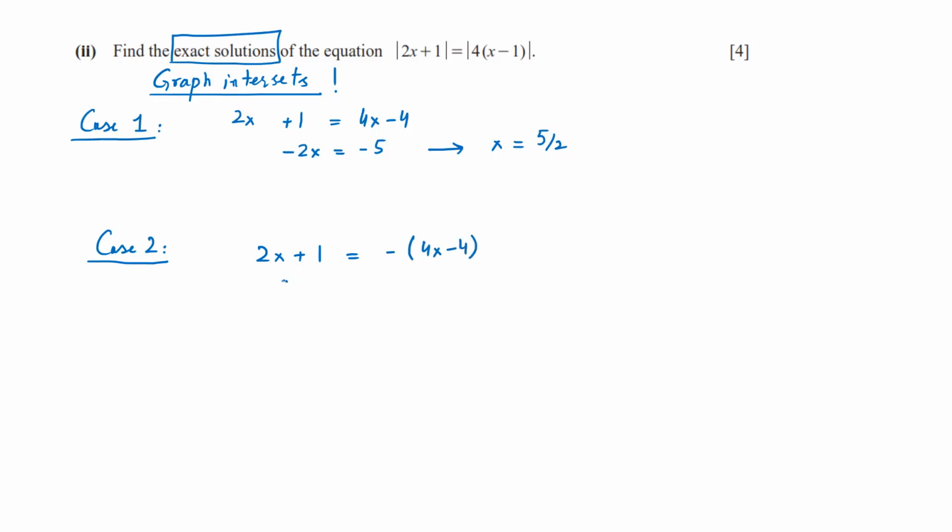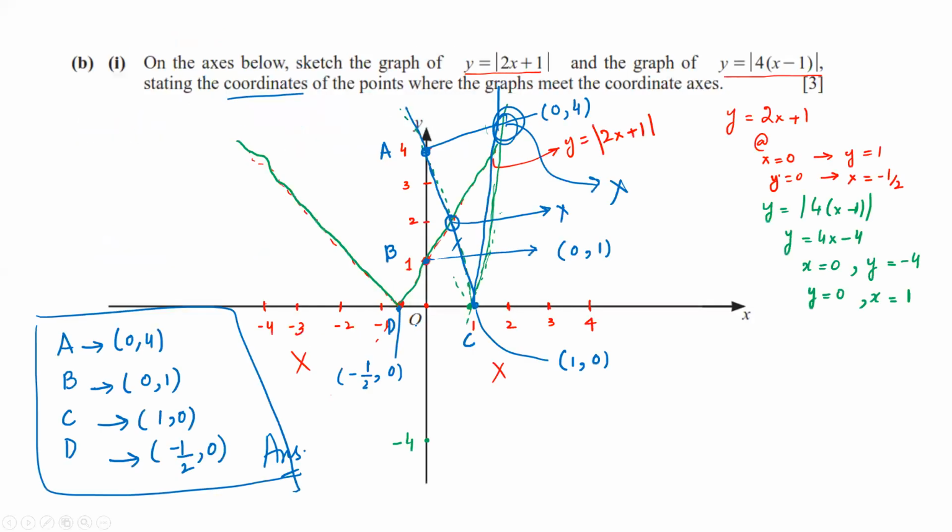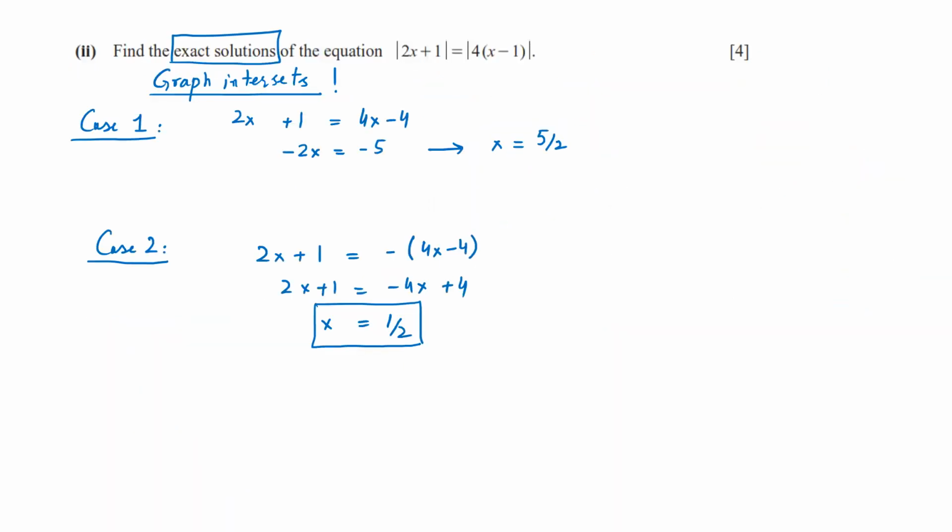So this will be 2x plus 1 equals minus 4x plus 4. So x will be 1 by 2. These are the 2 points, and we can see from the graph that these are the 2 possible solutions.